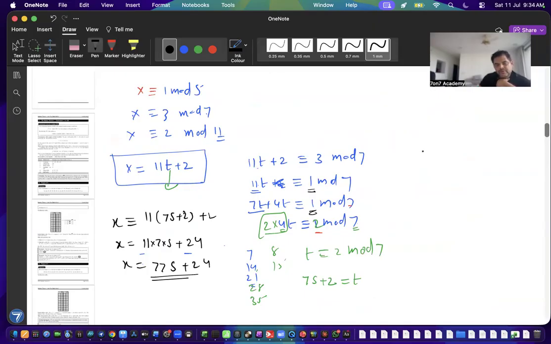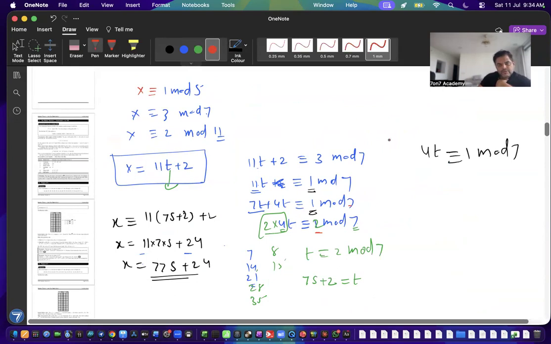If you have 4t congruent to 1 mod 7, you multiply something here and here as well. So if you multiply by 2, you get 8t congruent to 2 mod 7. 8 is 1 plus 7, so it will disappear. That makes sense.